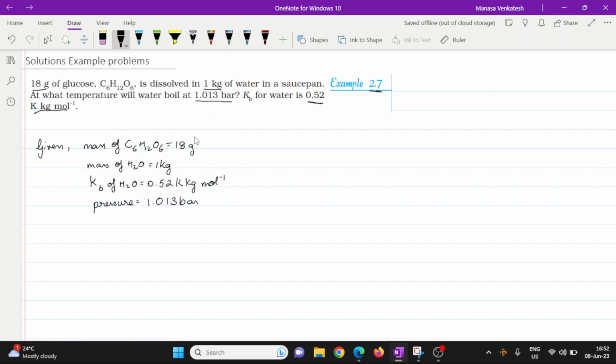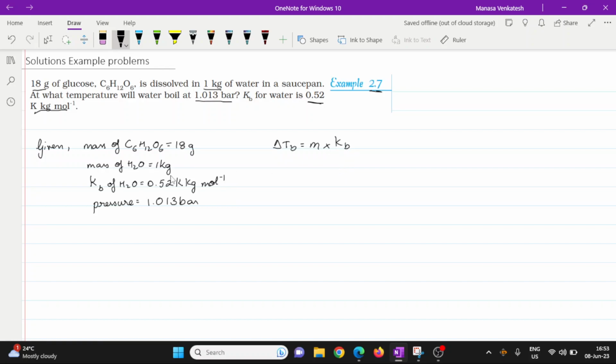Based on all of these values, we know that we can calculate the value of delta TB. From delta TB, we can calculate the boiling point of this solution. First of all, we need to calculate the number of moles of glucose, because we need the molality. So we know delta TB equals Kb into m.